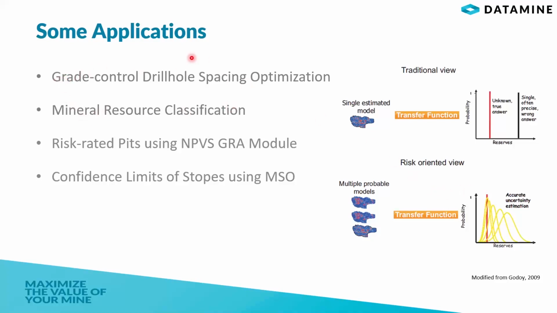I select here two very common applications, one for mineral resource classification, where you can define confidence limits to help you define these categories of resource. And we also can use that to help optimize drilling spacing.